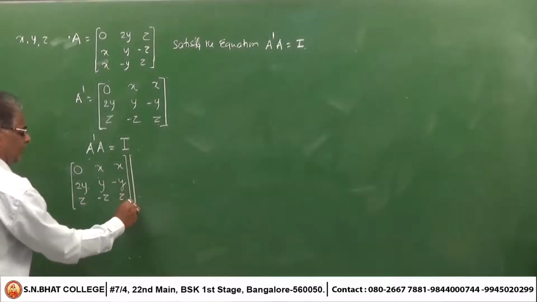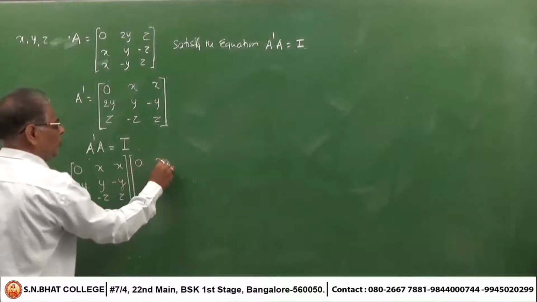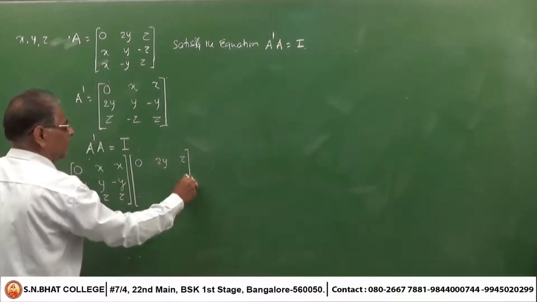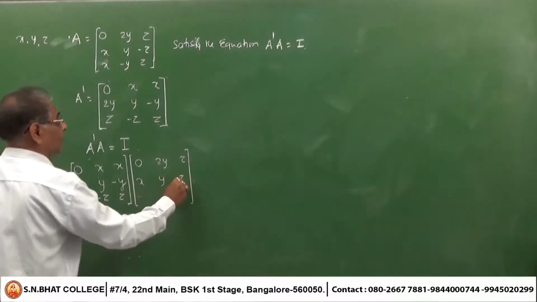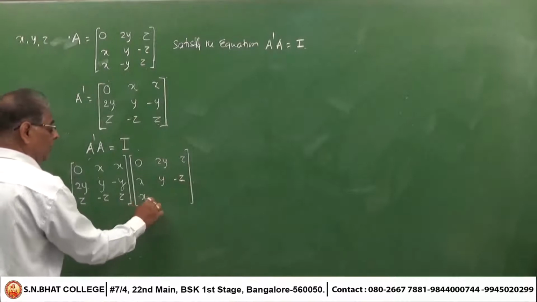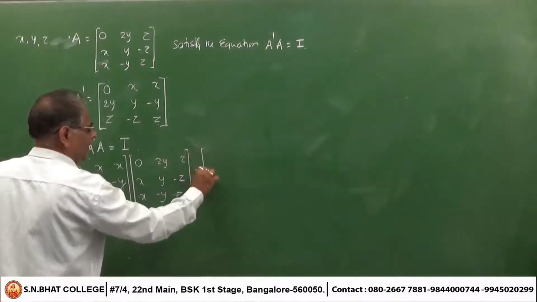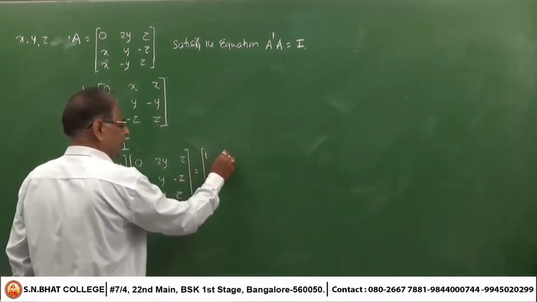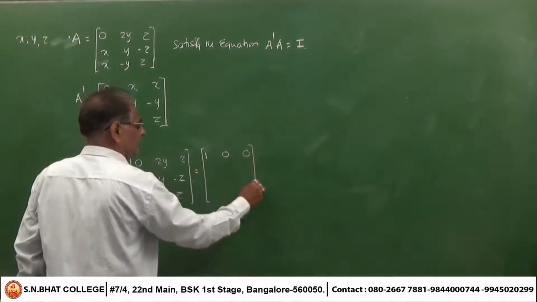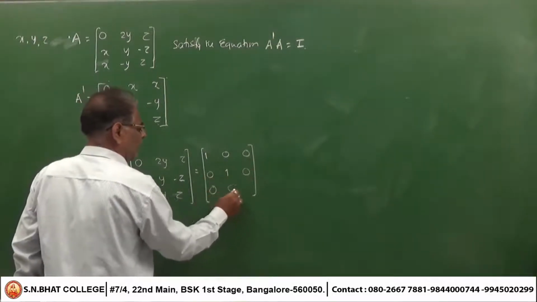This is A transpose, into A which is 0, 2y, z; x, y, minus z; x, minus y, z, equal to I. Since A is a 3 cross 3 matrix, I is also a 3 cross 3 matrix: 1 0 0, 0 1 0, 0 0 1.